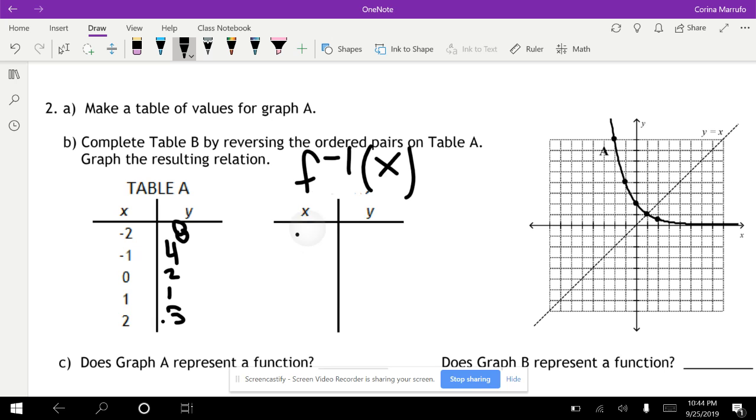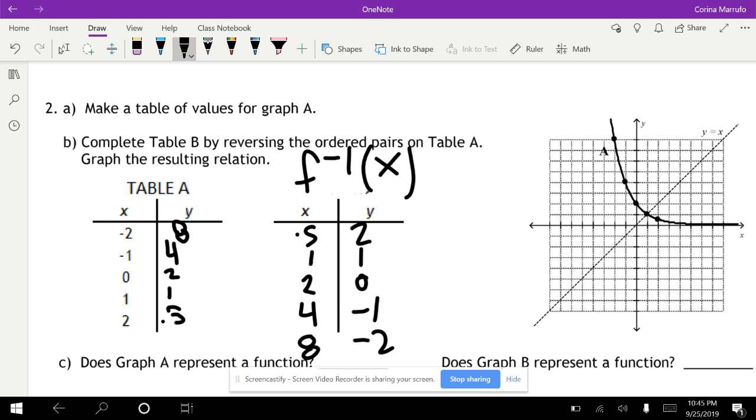So let's go ahead and write our x values again: 0.5, 1, 2, 4, and 8. So 0.5 is 2, 1 is 1, 2 goes with 0, 4 is -1, and then 8 is -2. And we're going to graph this.